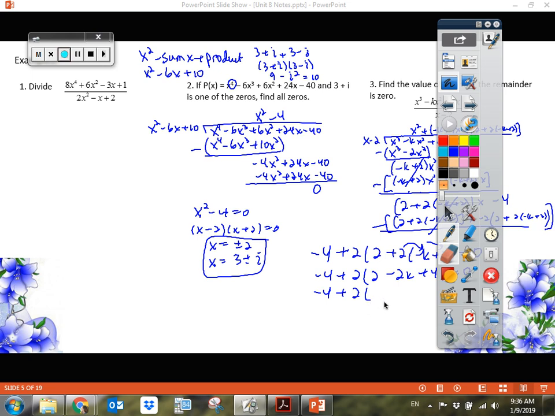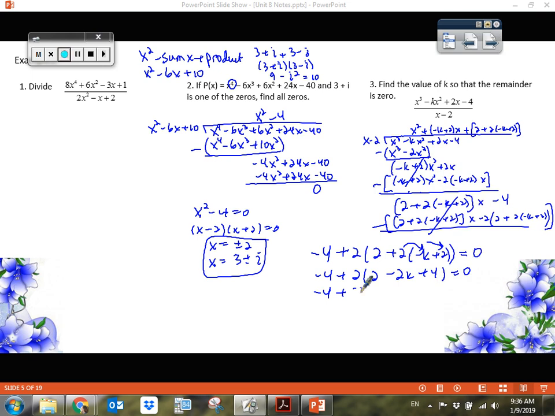So 2 times 2 is 4. 2 times negative k is negative 2k. 2 times 2 is 4. So we get minus 4 plus 4 minus 2k plus 4 equals 0. Let's just go ahead and distribute it out. I have 8 equals 4k, or k equals 2.